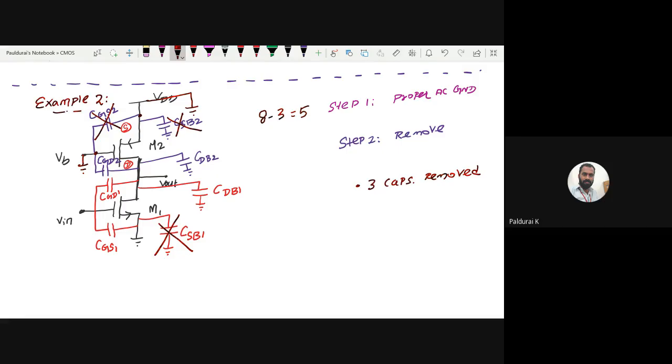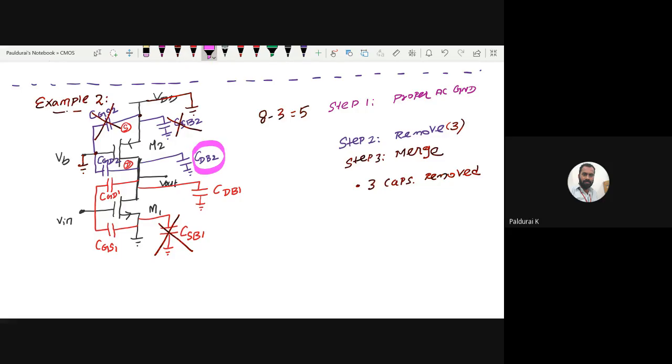Okay. So second step done, 3 capacitors removed. Step 3. Is it possible to merge? CDB2 and CGD2. CDB2. Let me take this, right?